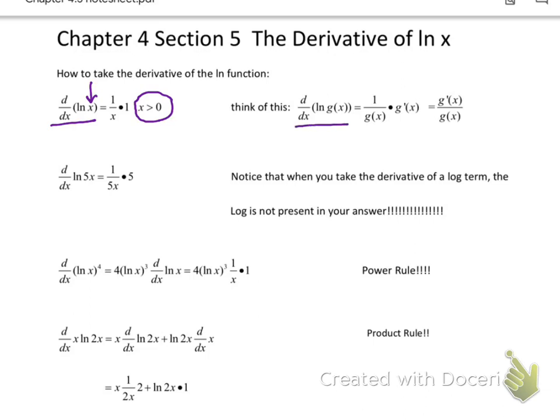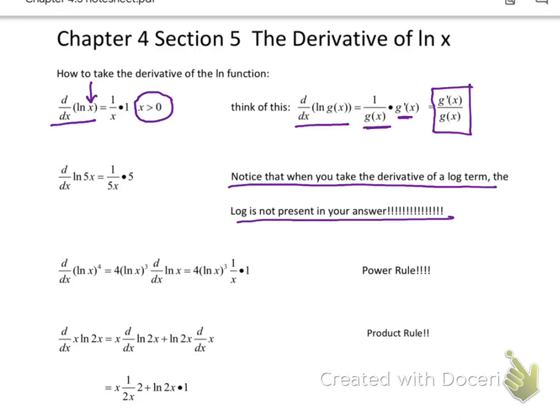Taking the derivative of the natural log of g of x, your answer will be 1 over g of x, just write whatever it is, put it over 1, and then times that derivative. So it ends up looking like this. Now notice, huge thing, when you take the derivative of a log term, the log is not present in your answer. You definitely need to know that.